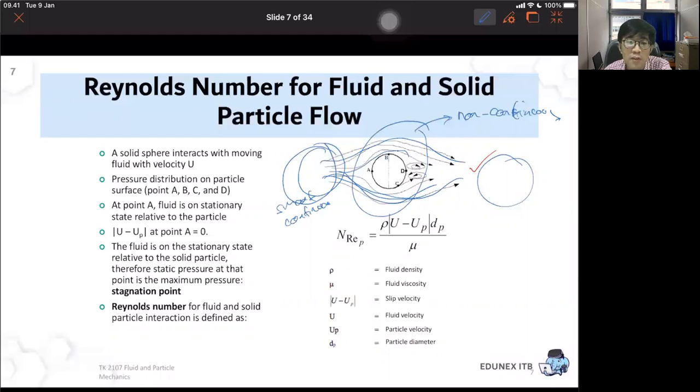At point A, or in area A, the velocity of the liquid will be 0 relative to the particle. It means at point A, the velocity of the fluid and the velocity of the solid is the same, or the relative velocity is 0.